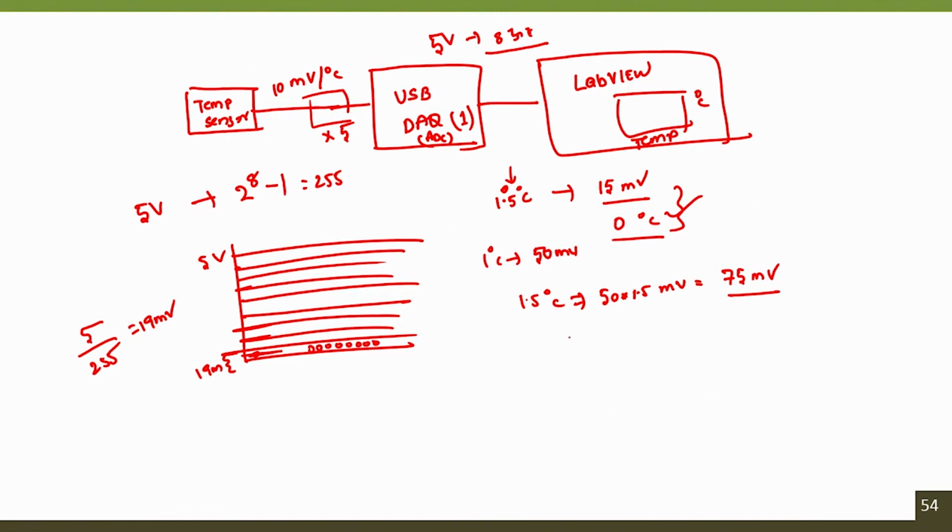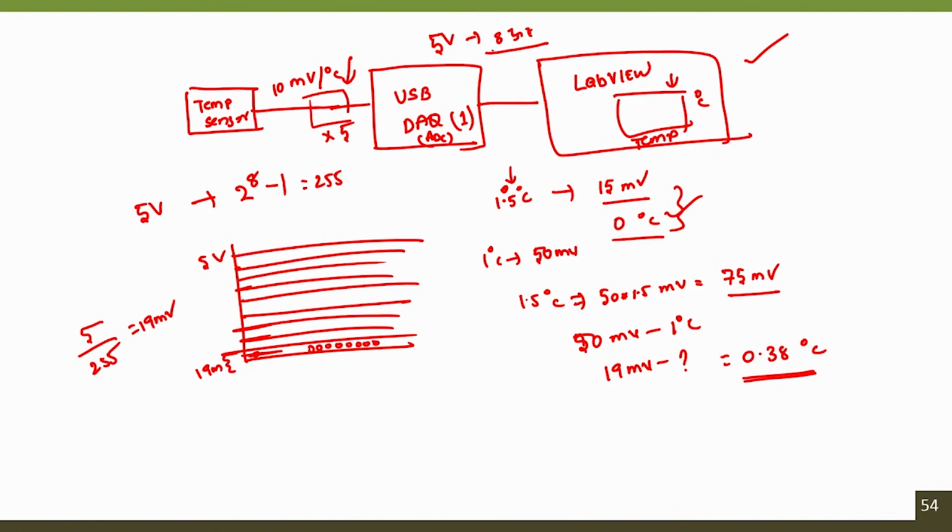If 50 millivolt represents 1 degree centigrade, then 19 millivolt is 0.38 degree centigrade. So, the temperature can be measured with a resolution of 0.38 degree by introducing a signal conditioning circuit.